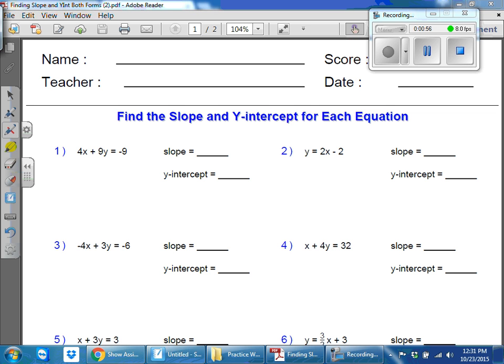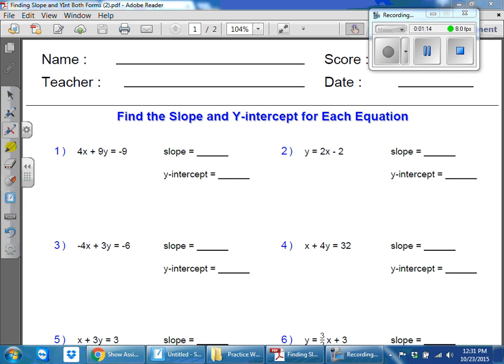So for number 1, it says 4x plus 9y equals negative 9. And we need to tell them what the slope and the y-intercept is. Unfortunately, we cannot do that yet. Why? The reason is because this equation is not in the correct form.